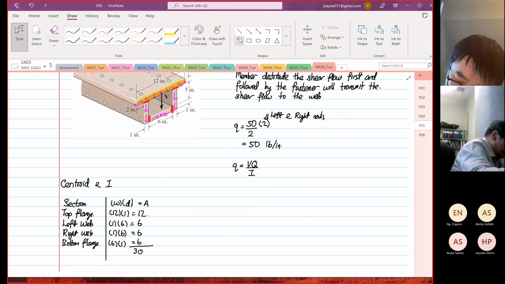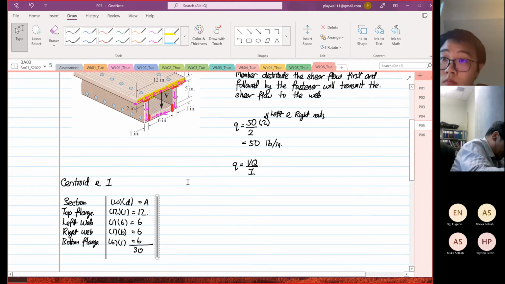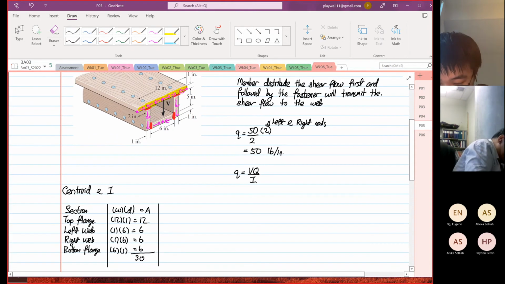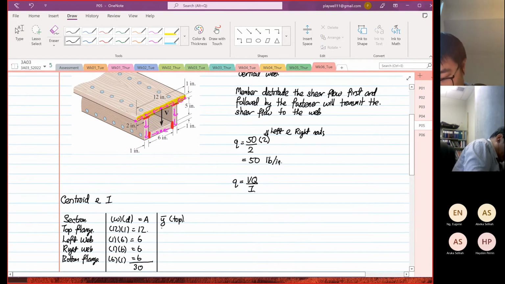Then from here, I'm going to take the Y bar, and my reference is from the top. So 1 divided by 2 is equal to 0.5. 1 plus 6 divided by 2, so 3 plus 1 is 4.